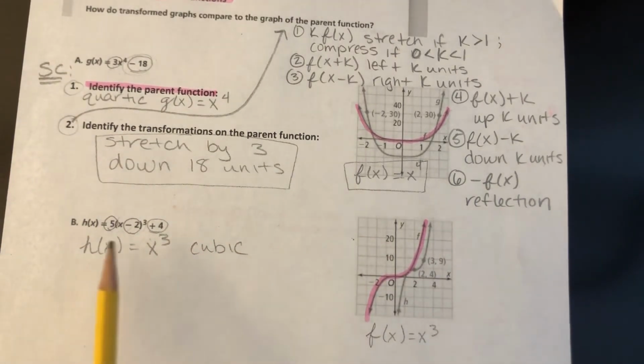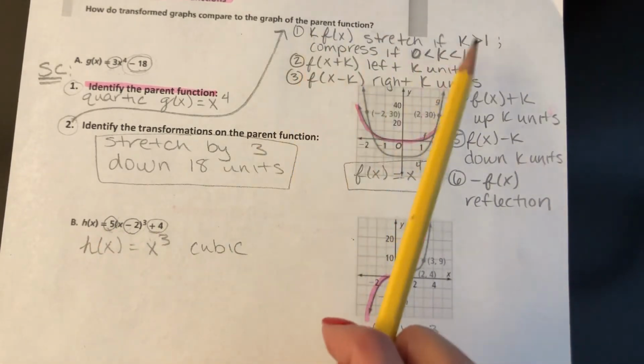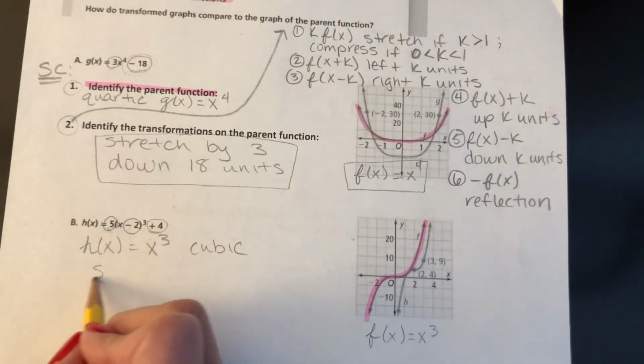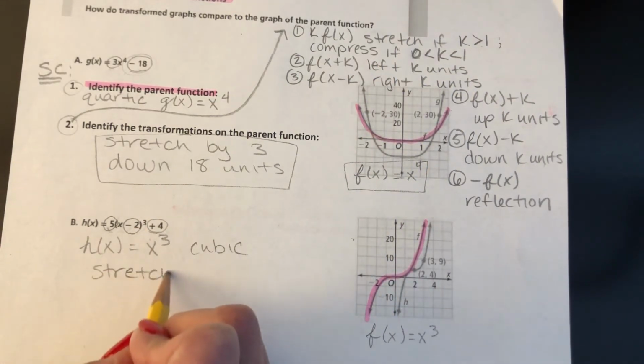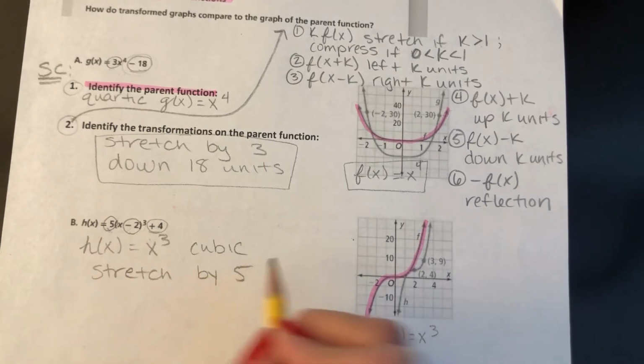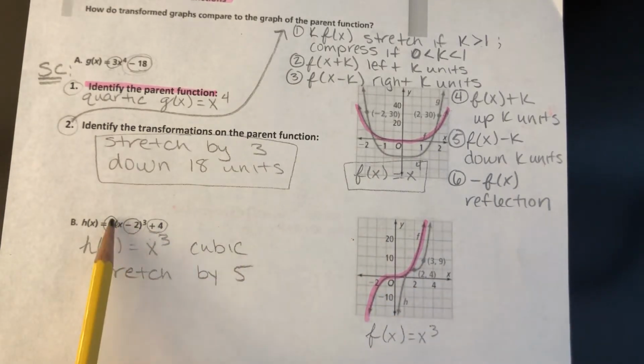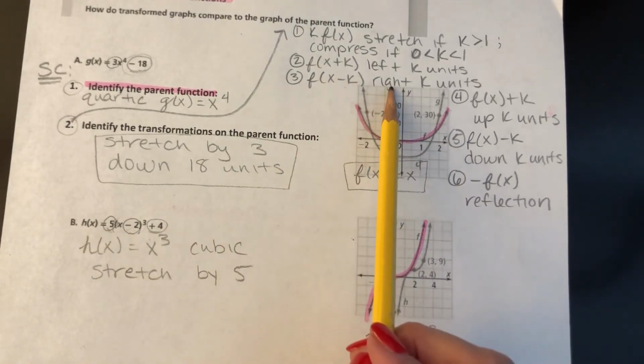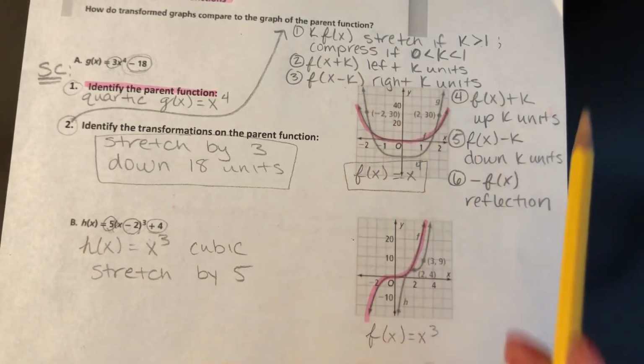So let's start with the 5. The 5 is outside in front, and it's greater than 1, so that's a stretch. Stretch by 5. Minus 2 is inside parentheses, so that's going to the right 2 units.